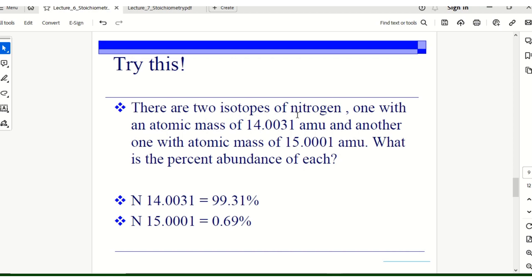There are two isotopes of nitrogen, one with an atomic mass of 14.0031 AMU and another with an atomic mass of 15.0001 AMU. What is the percentage abundance of each?